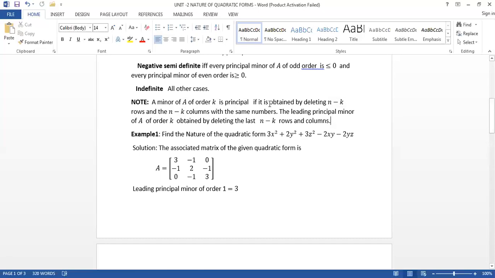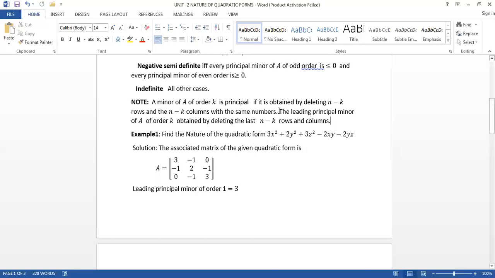So how to obtain a principal minor of order k? We have to delete n minus k rows and n minus k columns in the given matrix and find the determinant. That gives the principal minor of order k. Now the leading principal minor. The leading principal minor of A of order k is obtained by deleting the last n minus k rows and n minus k columns.